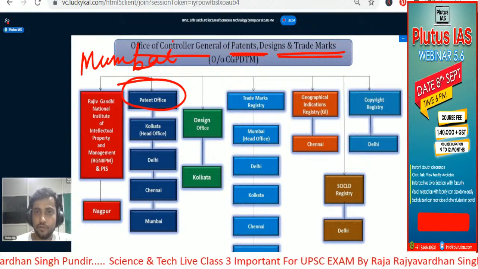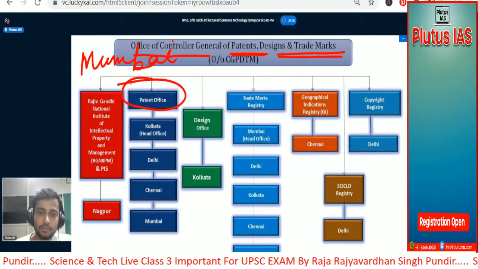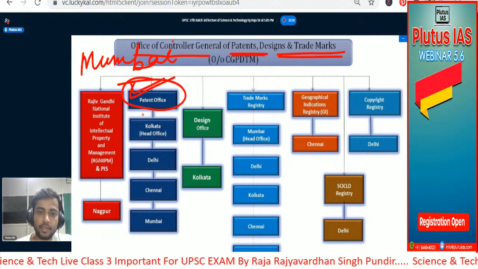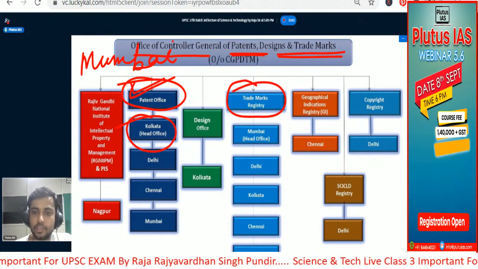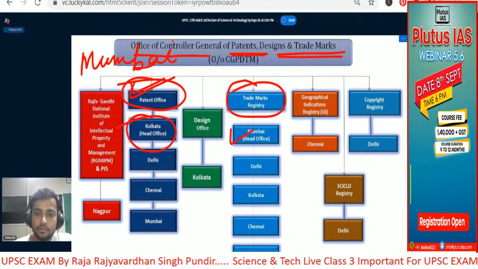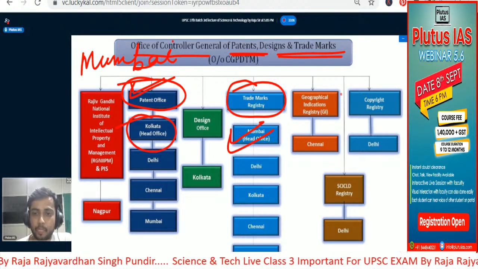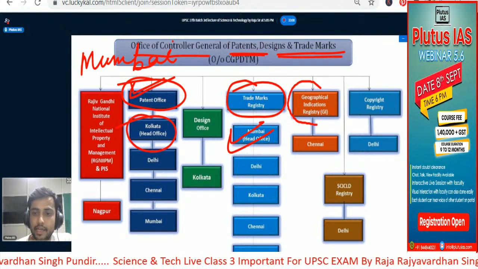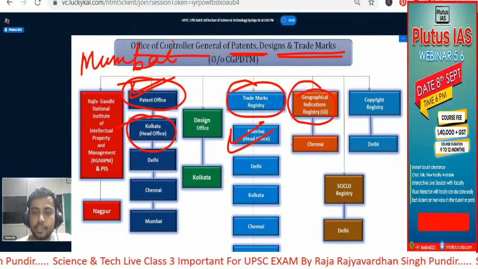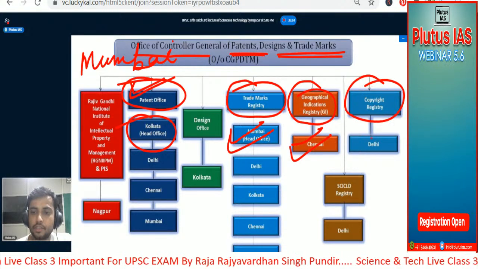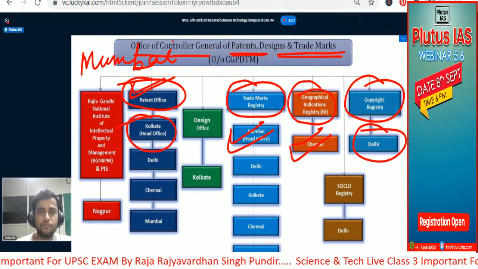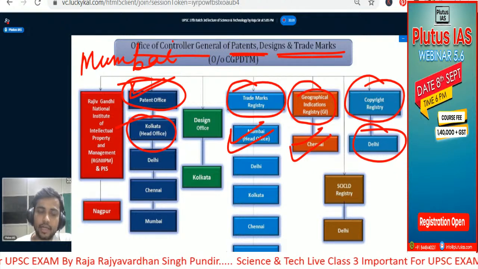And below this office, we also have a patent office whose headquarters is in Kolkata. We have a trademarks registry whose head office is in Mumbai. And we have the geographical indication registry, which is based in Chennai. And we have the copyrights registry, which is based in Delhi. If you can remember the headquarters, that is good.